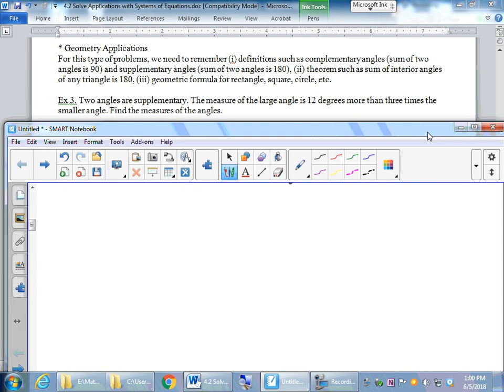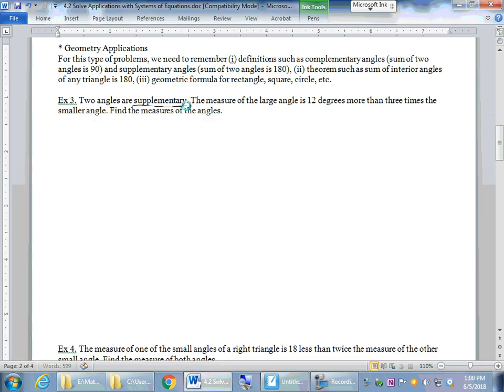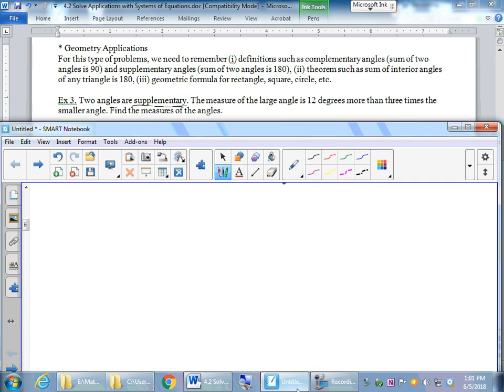So example 3, the two angles are supplementary. The measure of a large angle is 12 degrees more than 3 times the smaller angle. Find the measure of the angles. So right away, when we say supplementary angles, we basically know there should be two angles added up to be 180.